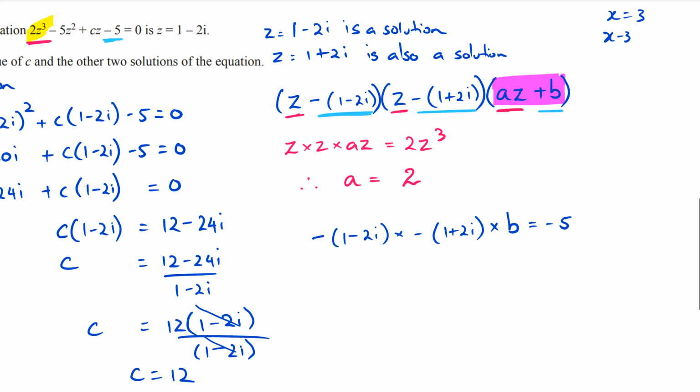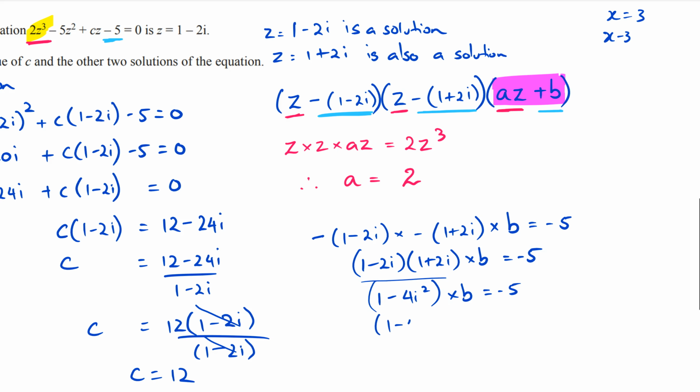Our two negatives cancel out each other, and what we have is (1 minus 2i) times (1 plus 2i) times b equals minus 5. Expanding, that would be (1 minus 4i squared) times b equals minus 5. I get (1 minus 4 times negative 1) times b equals minus 5, so 5b equals minus 5, and b is equal to negative 1.